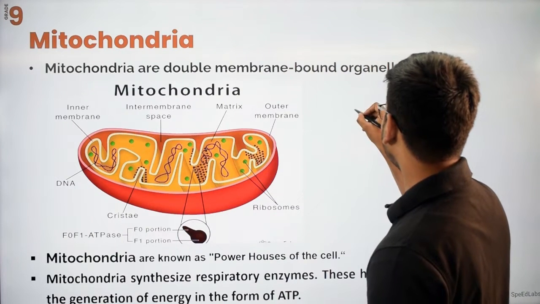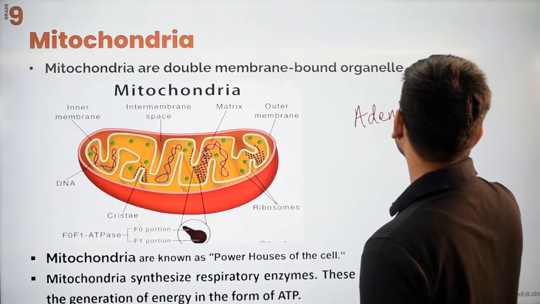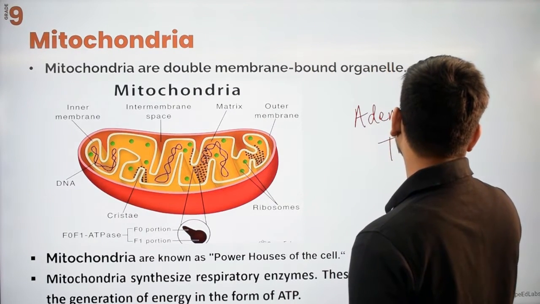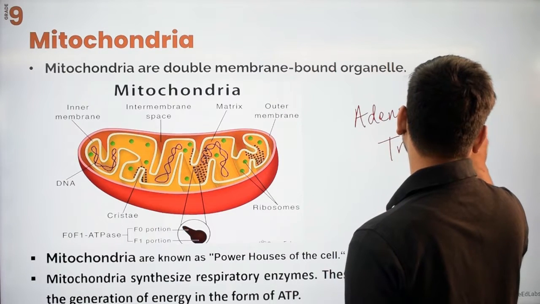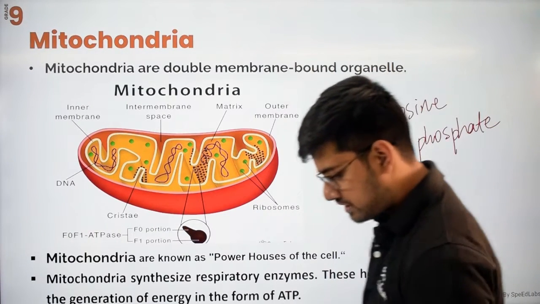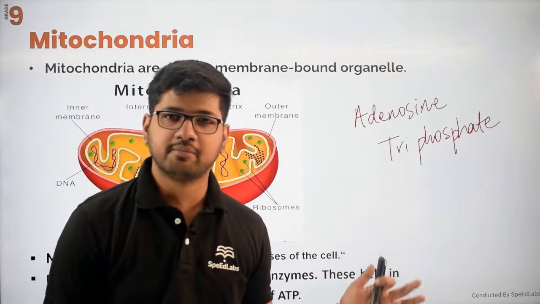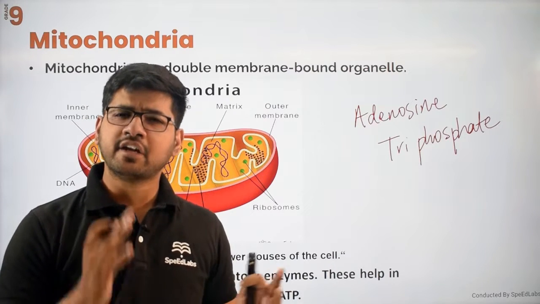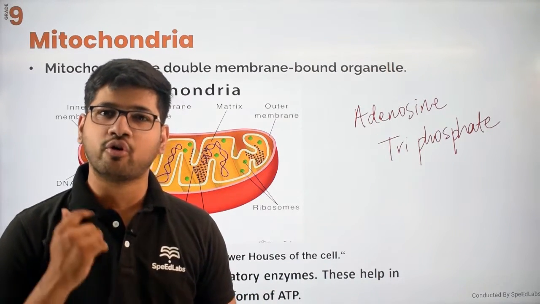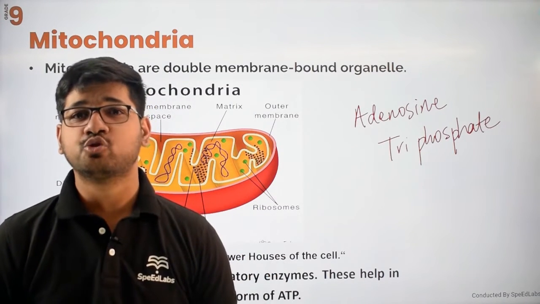ATP stands for adenosine triphosphate. Three phosphate molecules are attached over here, and in our body, for any kind of energy expenditure process or reaction, this ATP has to be there.